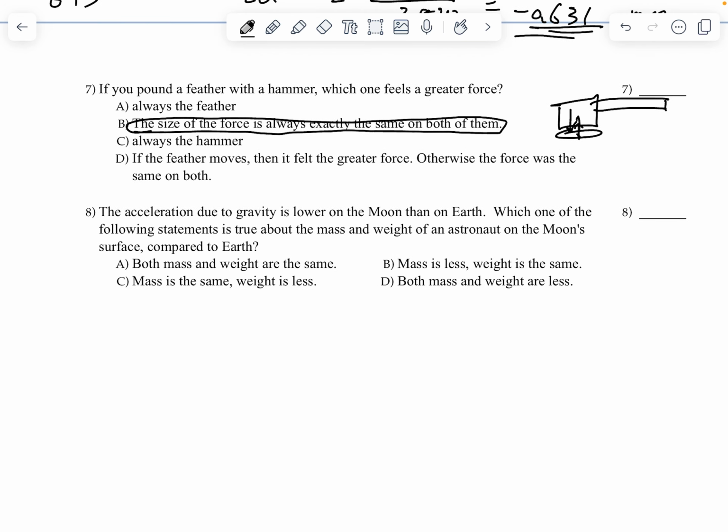Number 8. The acceleration due to gravity is lower on the moon than on Earth. Which one of the following statements is true about the mass and weight of an astronaut on the moon's surface compared to Earth? Mass is the same, and weight equals mg, right?